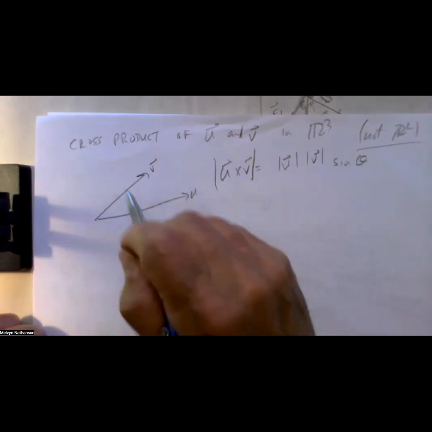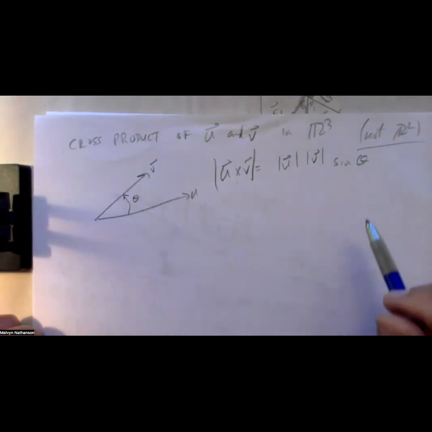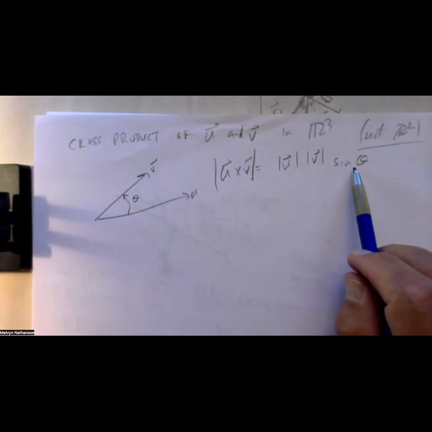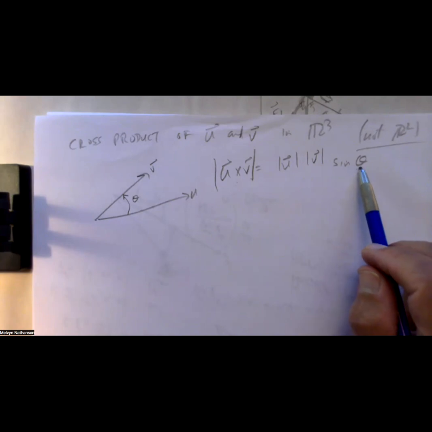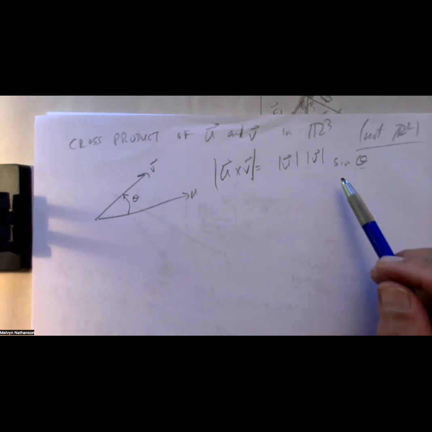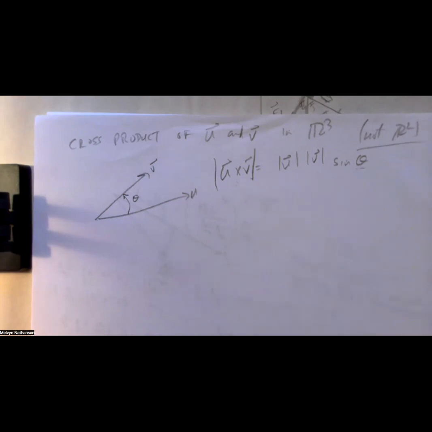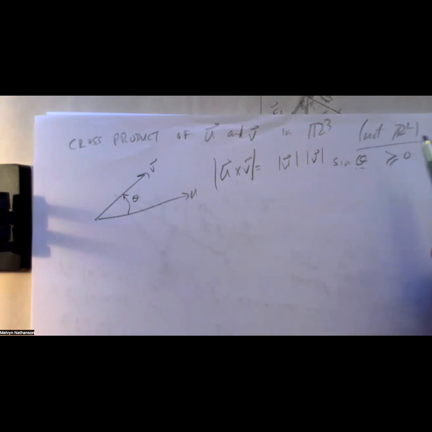And we take the angle theta as going from u to v. That's my angle theta. And the sine can be positive or negative. But if we take the angle always between 0 and pi, this is positive. So this is always going to be greater than or equal to 0.